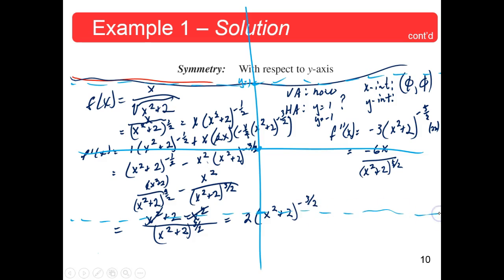No vertical asymptotes, only one intercept, (0, 0), the x and y-intercept, and the one point of inflection, no extrema. So we need a test point. You want one to the right and one to the left of 0. What would you like to choose for your test point?